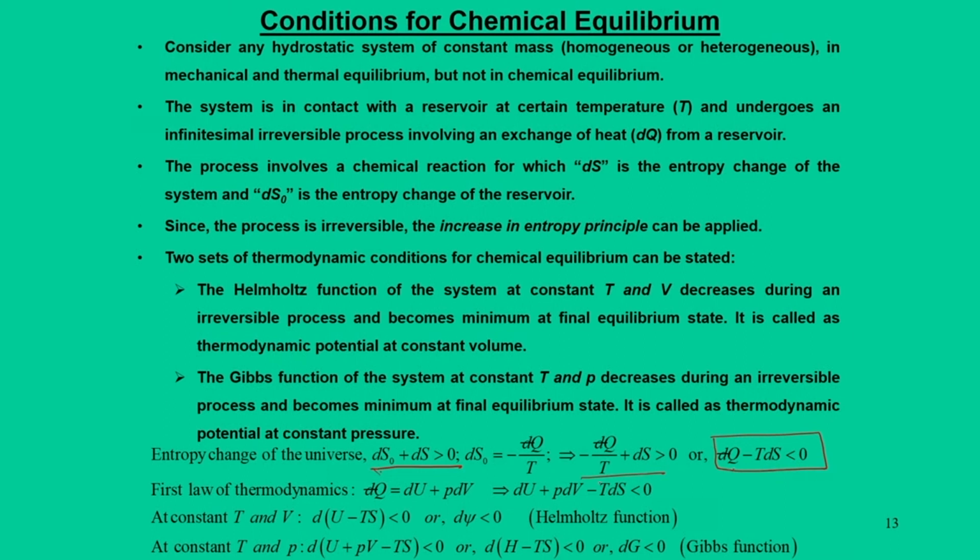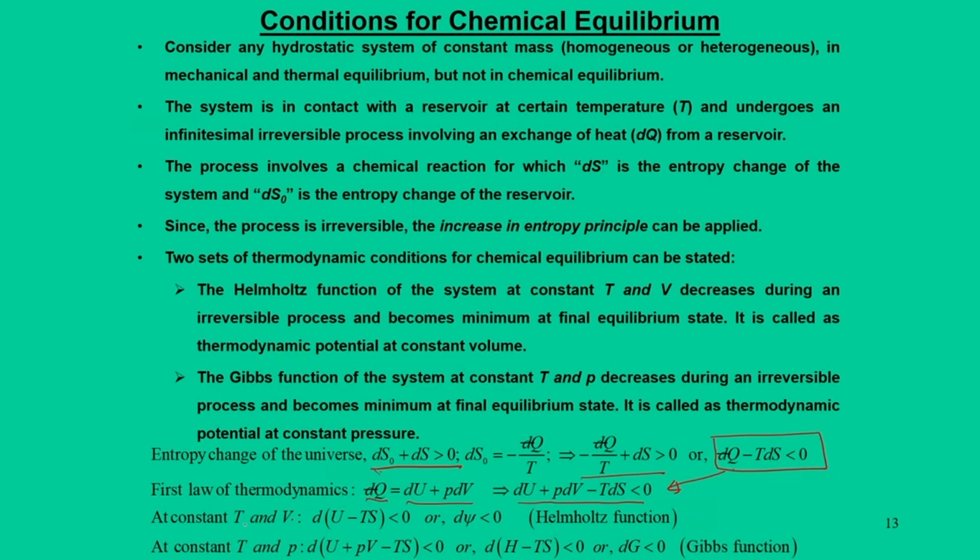Now, if you recall the first law of thermodynamics, dQ is equal to dU plus dW, or dU plus PdV. So, we write this equation in the form dU plus PdV minus TdS is less than 0. Now consider a constant temperature and volume system.